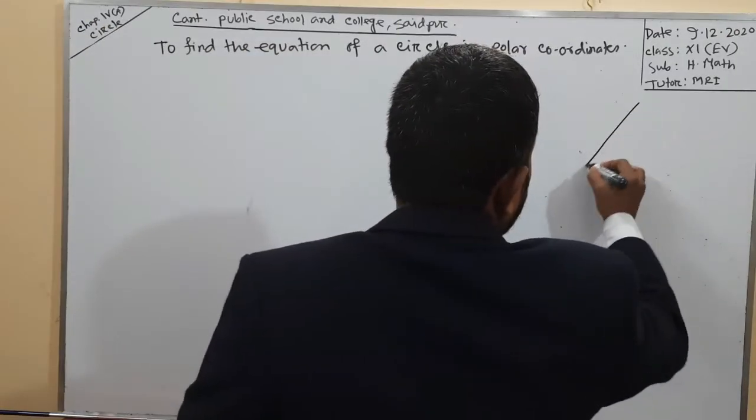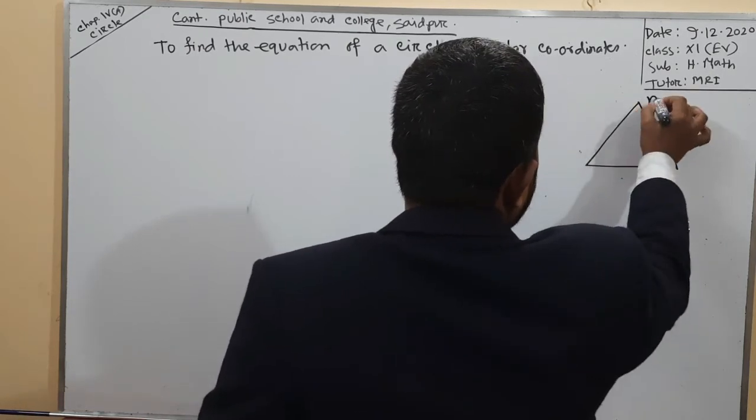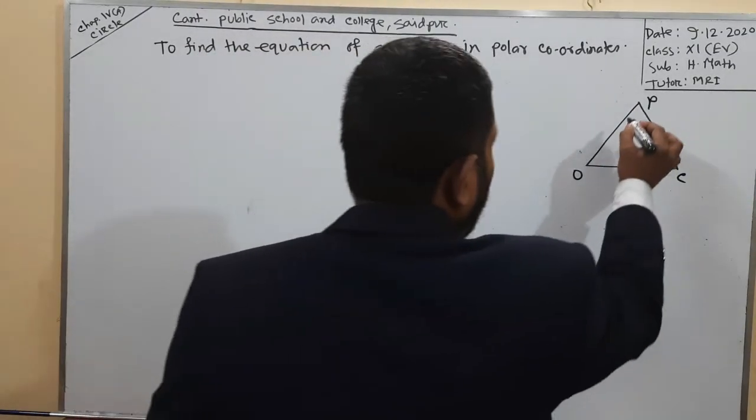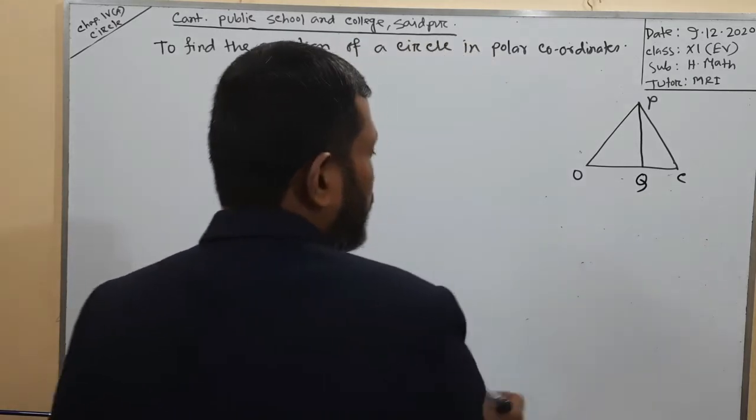Suppose POC is a triangle, PQ is perpendicular to OC.